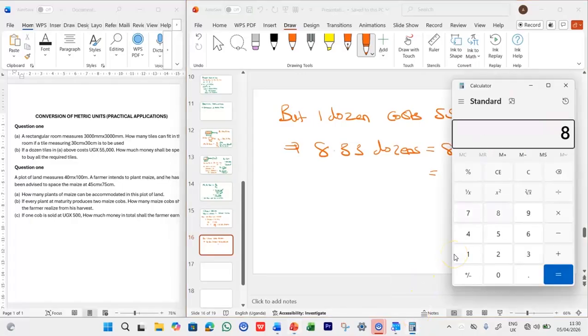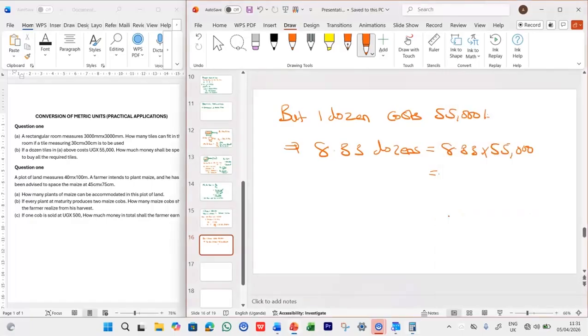And this will give you 458,150 shillings. Okay, so that's what you do.